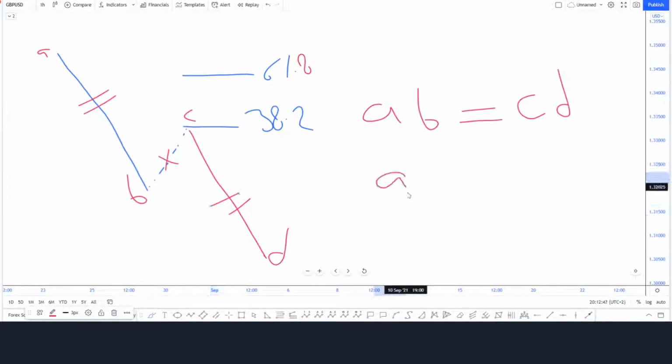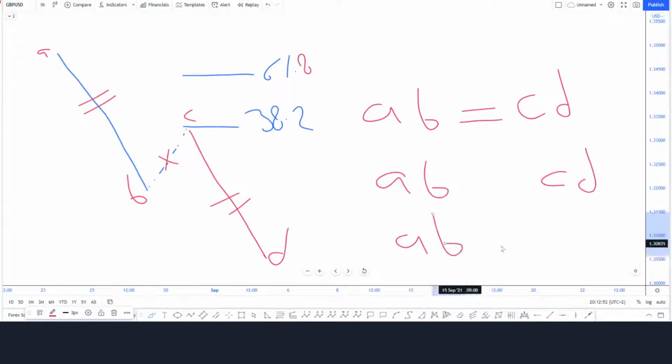Sometimes AB and the CD will not have this equal relationship. Sometimes AB is bigger than CD.